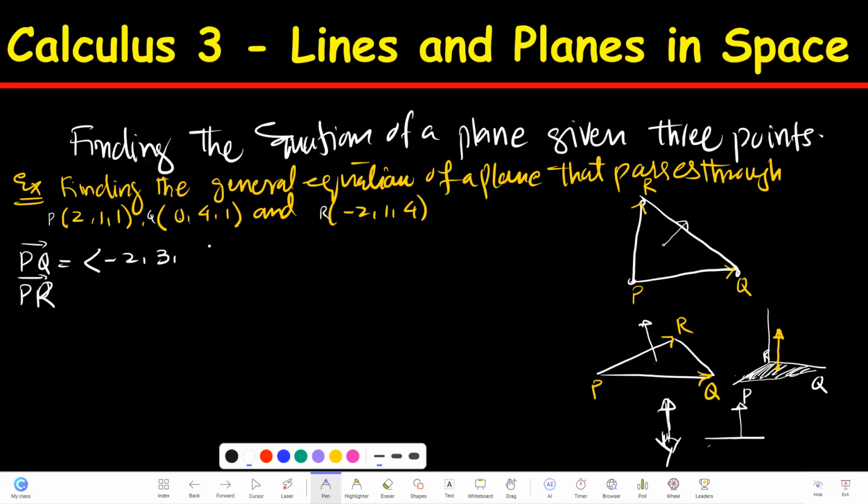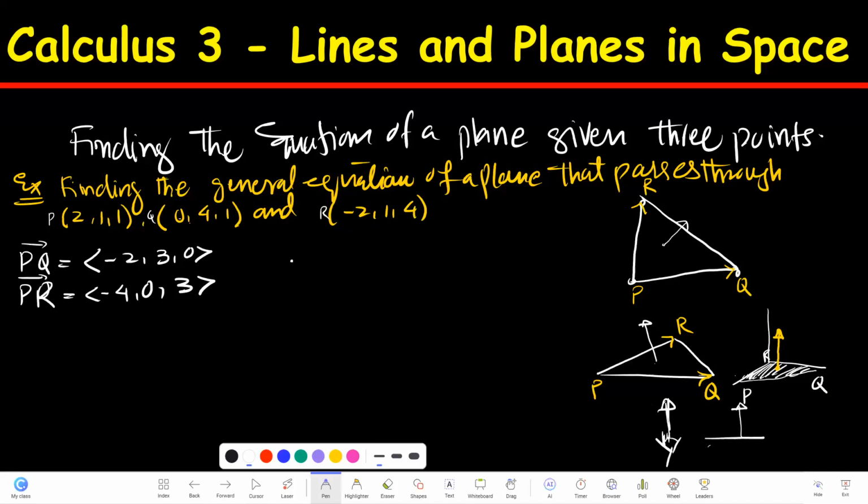And minus 1 is 0. Same thing here is going to be minus 4, comma 0, comma 5. No, it's going to be 3.